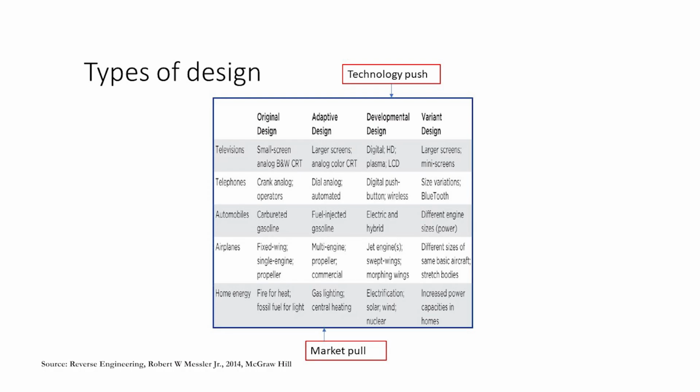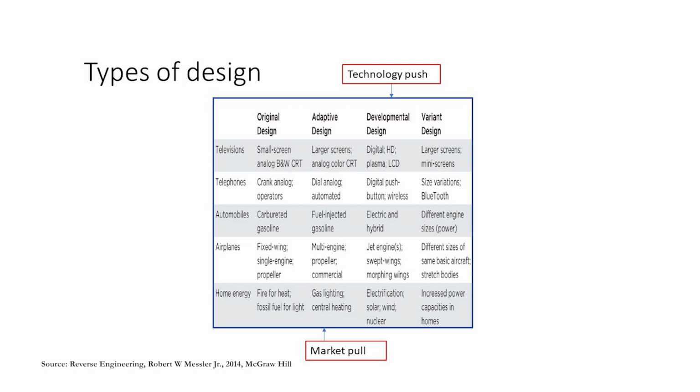Likewise for telephones, automobiles, airplanes and home energy, you can see how the technology push has changed the original design to the developmental designs, and how the market pull has changed it from an original design to adaptive design. When black and white cathode ray tubes came out, people started asking for color cathode ray tubes.